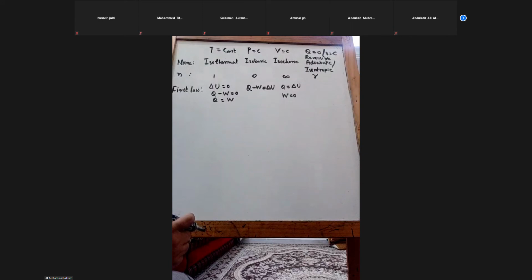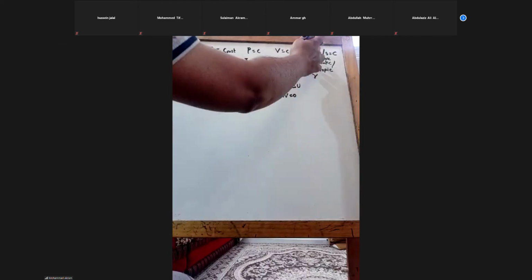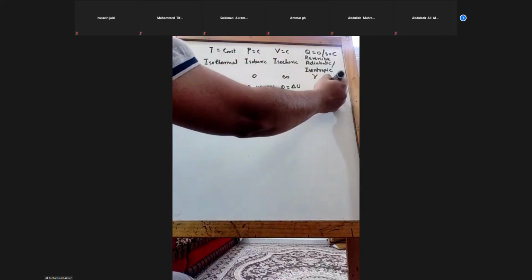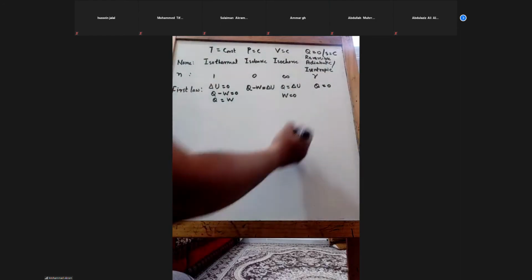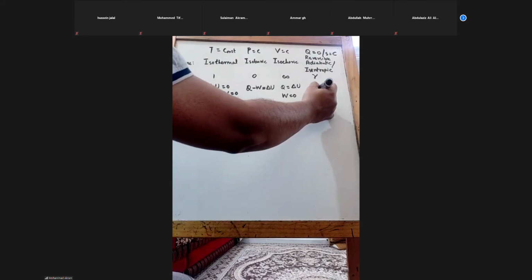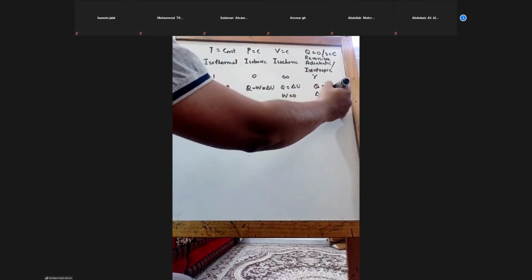So W is 0. For adiabatic, here Q is 0, so delta U is equal to minus W.